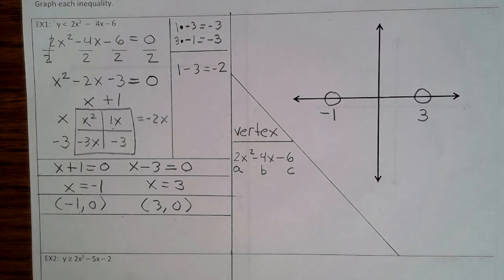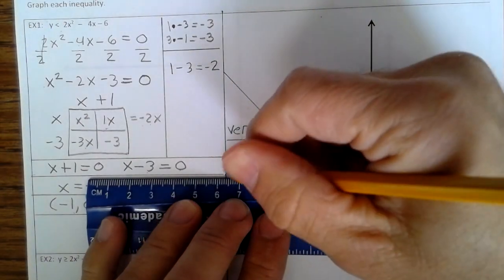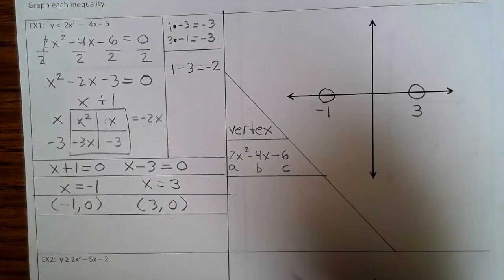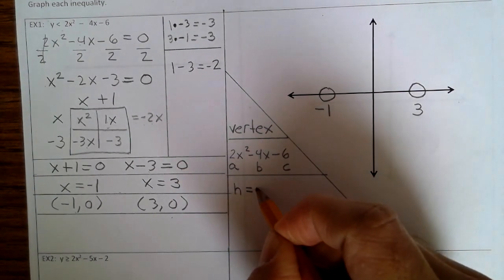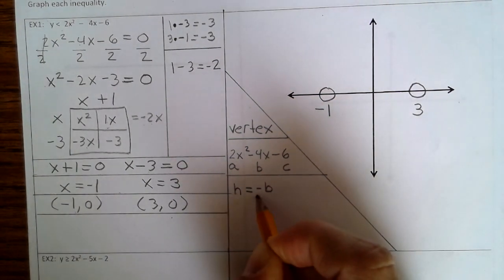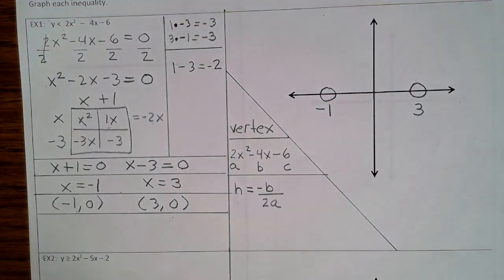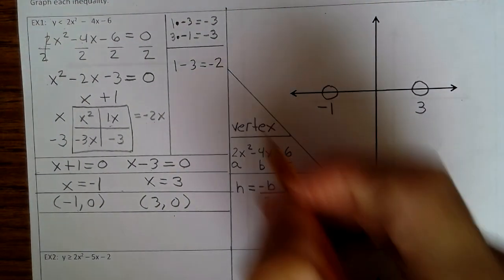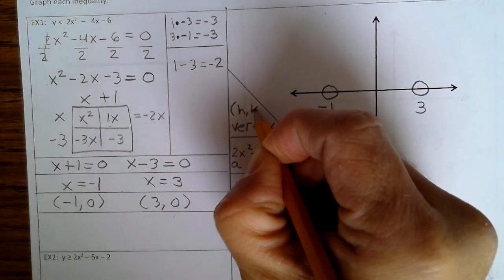Now, we know from our previous notes that H equals negative B divided by 2A. And let me write this. Vertex is H, comma, K.